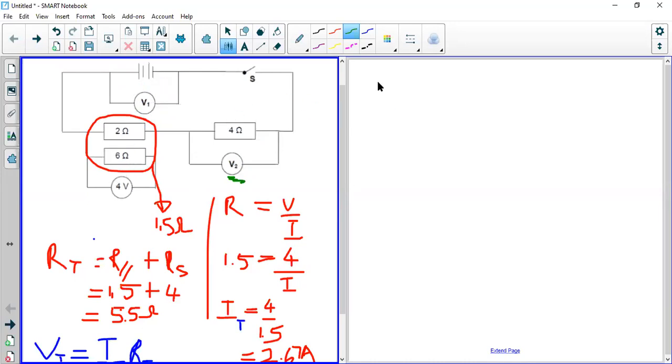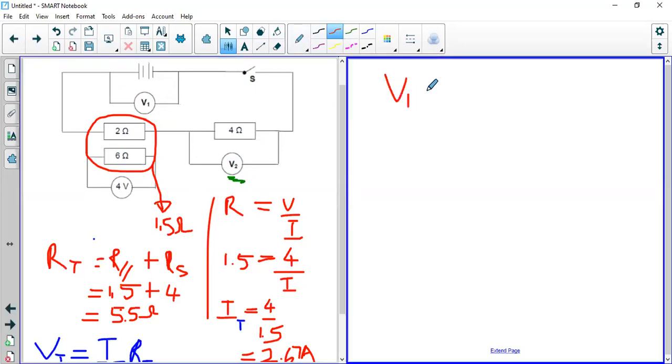So that's what I'm going to do. My first statement, I'm going to say, for me to get V1, I need to add V parallel plus the V on the 4 ohm, which is our V2. For me to get V1, I need to add the voltage here and the voltage here. But V parallel, I know it. What is the V parallel? I know it's 4.